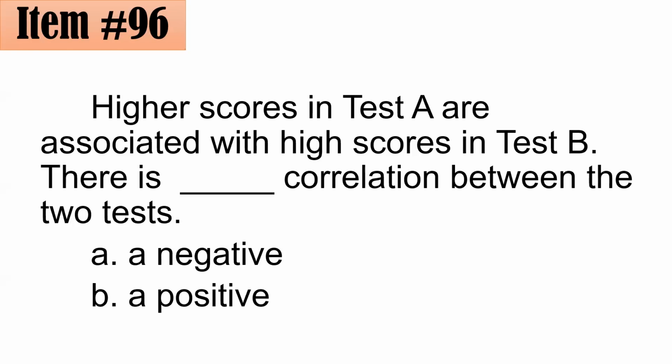Tandaan po natin. We have a positive correlation if as one variable increases, the other variable also increases, or if one variable decreases, the other variable also decreases. In other words, kung magkapareho po yung direksyon ng two variables, taas-taas o baba-baba, positive po yan.